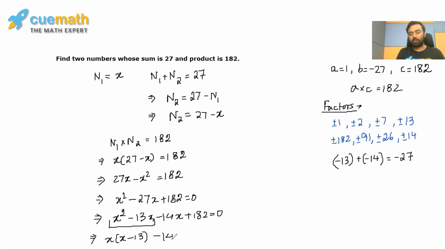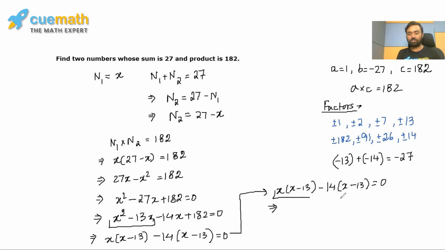So x times x minus 13 minus 14 times x minus 13 is equal to 0. Now we'll take the common factor from these two terms, so we are going to get x minus 13 times x minus 14 is equal to 0.